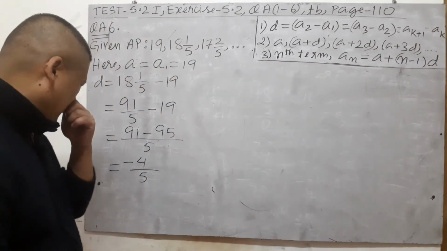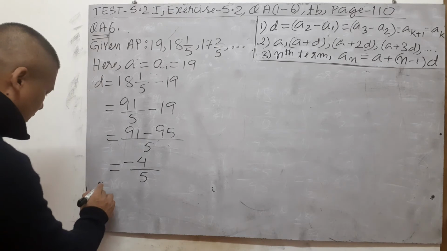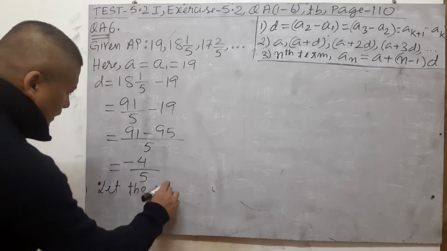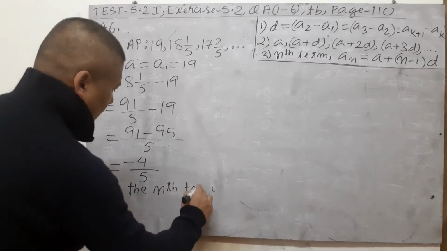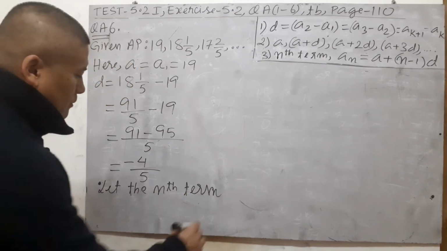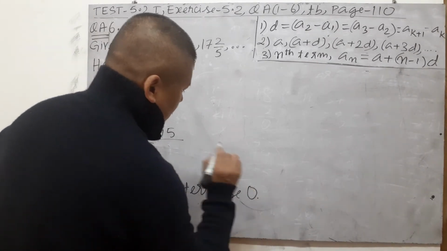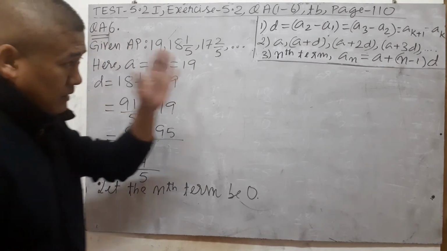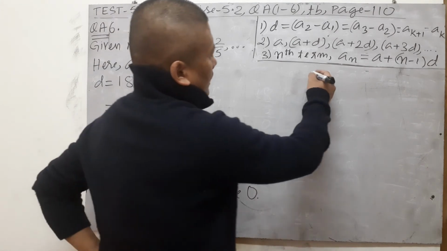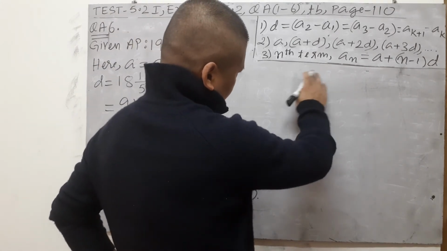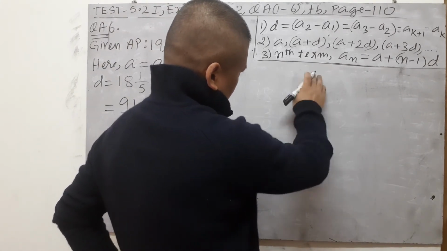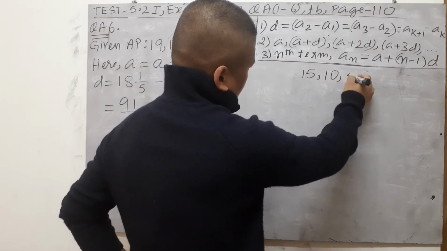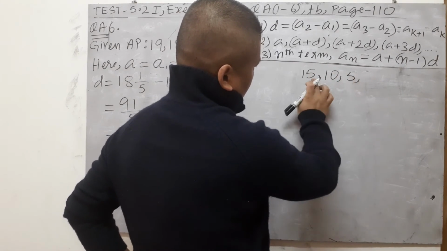So here, in order to do that, let us take an assumption. Let the nth term be 0. Okay, what I'm trying to establish here is, let me just take a simple AP. Let us say an AP 15, 10, 5, like that, and then so difference is 5.